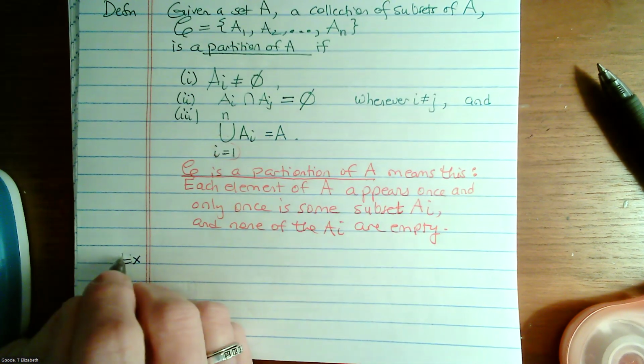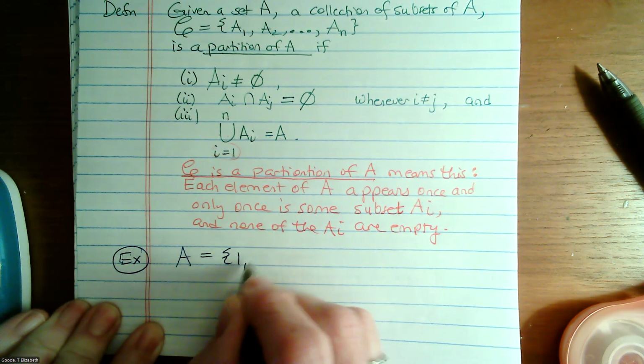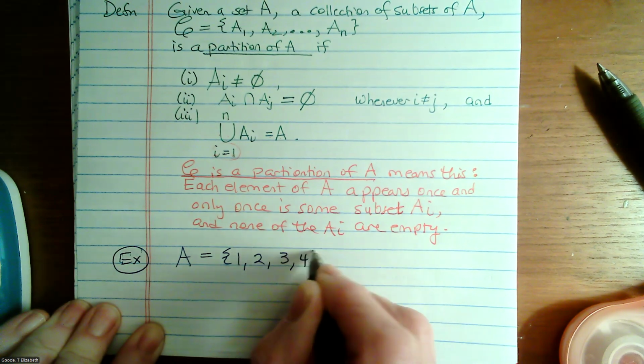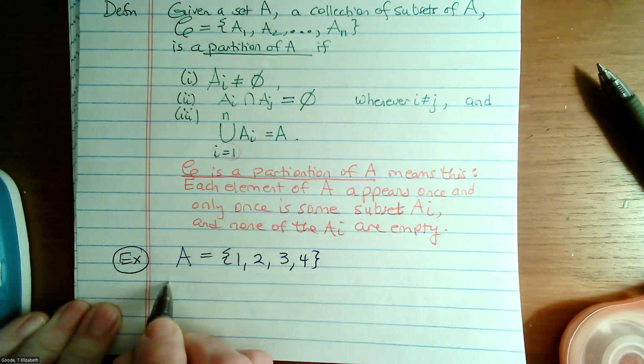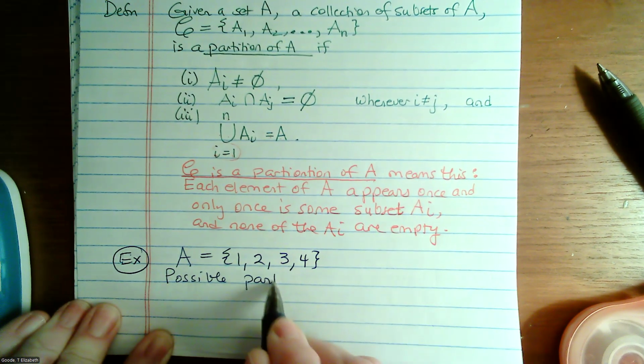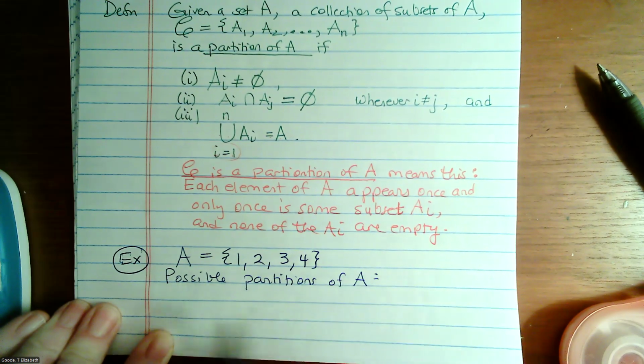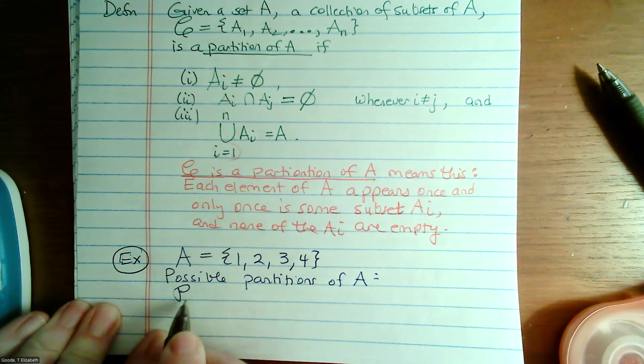Let's say A has four elements, 1, 2, 3, 4. There are a bunch of different possible partitions. Let's call them P1.